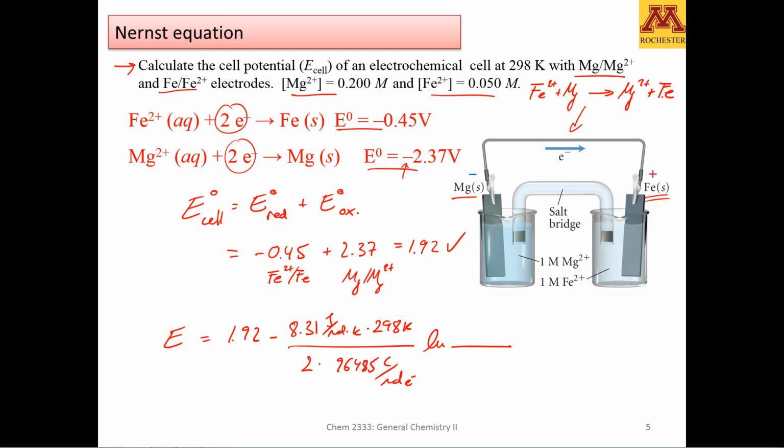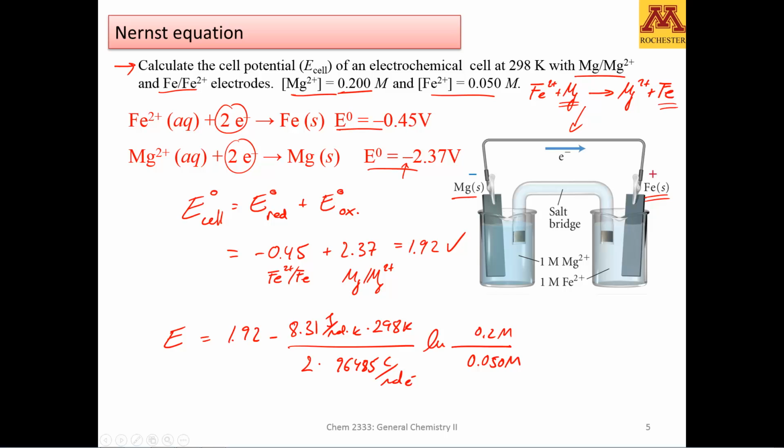Okay, notice that the concentration of solids will not be indicated in the expression for K or Q. So I'm going to have concentration of magnesium over concentration of iron, the reactant. The concentration of magnesium up here is 0.2 molar.